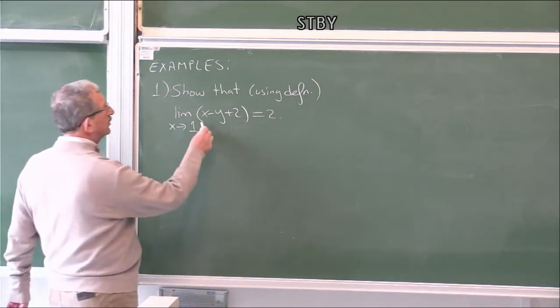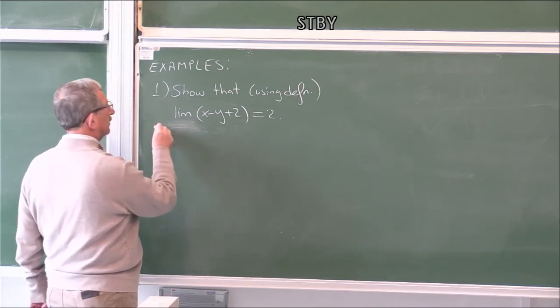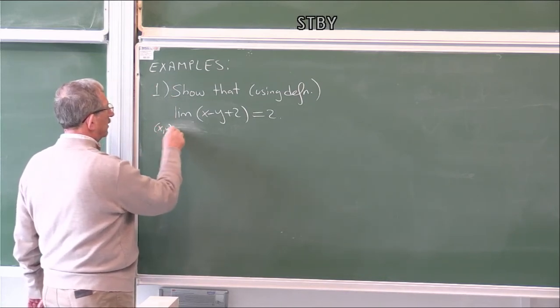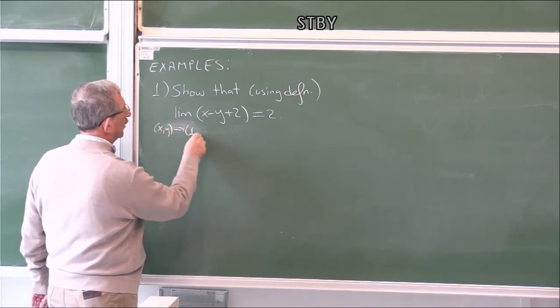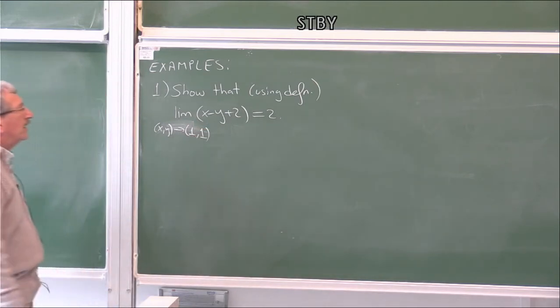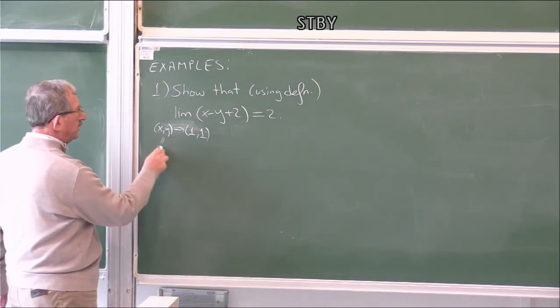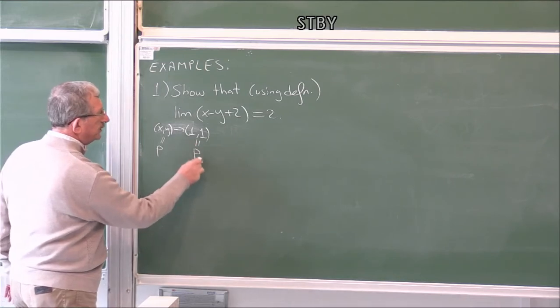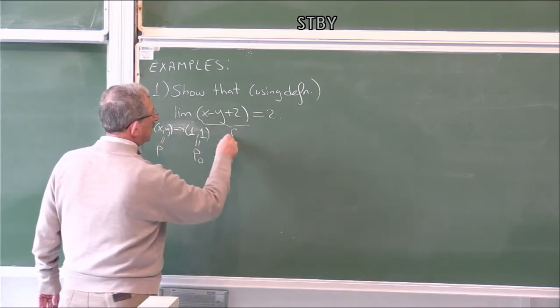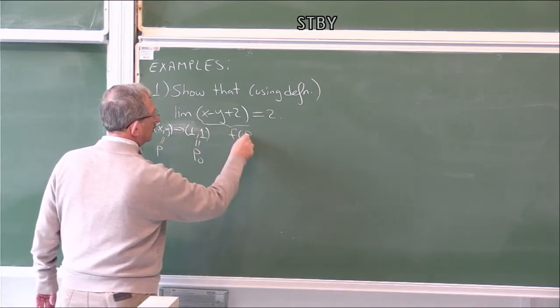Clearly, this is a function of (x, y) when (x, y) goes to, say, (1, 1). So this is my p, this is my p0, and this is my f of p, or f of (x, y).